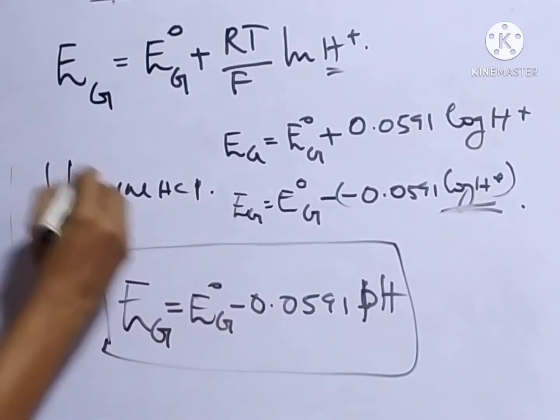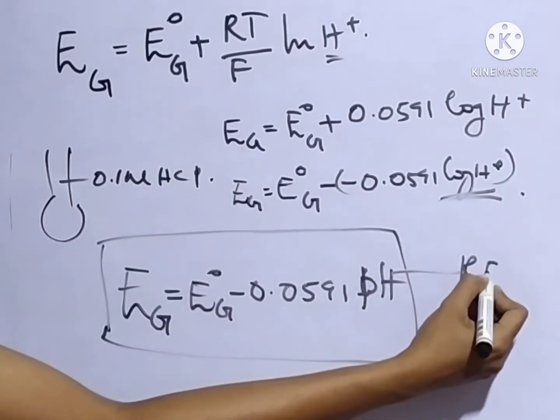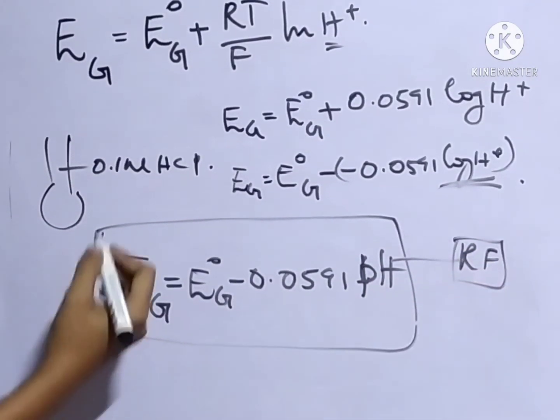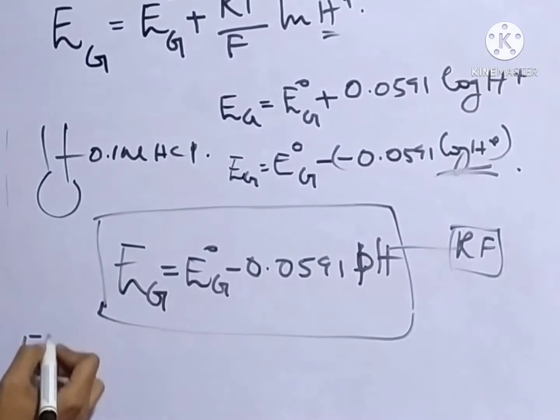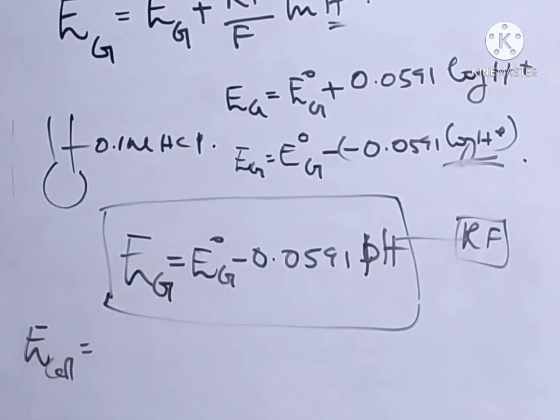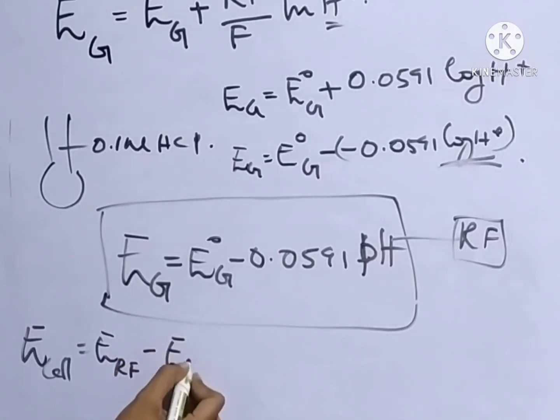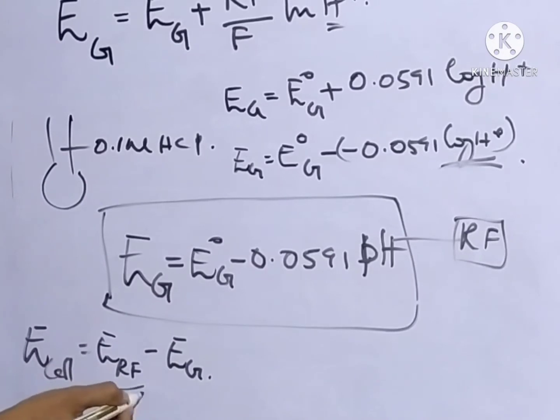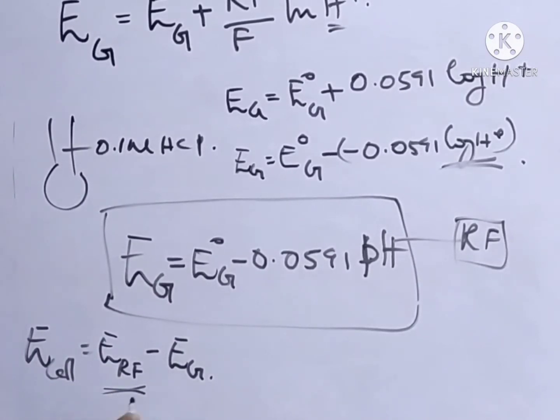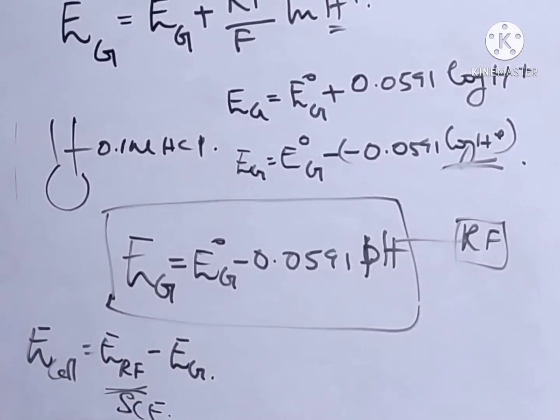Now we are going to pair it with the reference electrode. So the E cell equal to E reference electrode minus E glass electrode. Let's consider that the reference electrode here we are going to take is a standard calomel electrode.